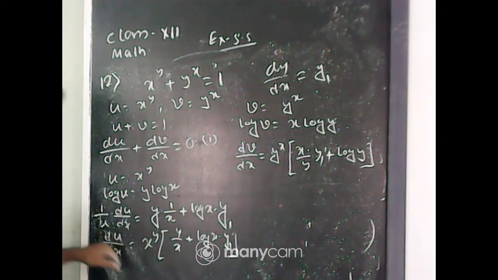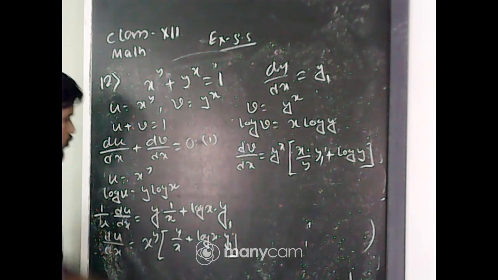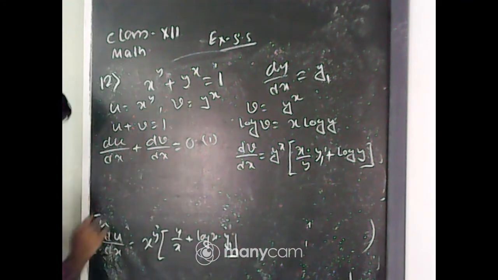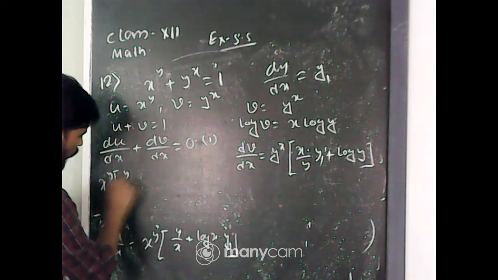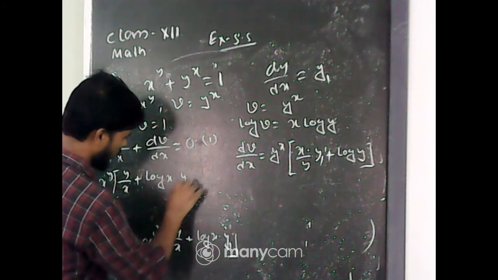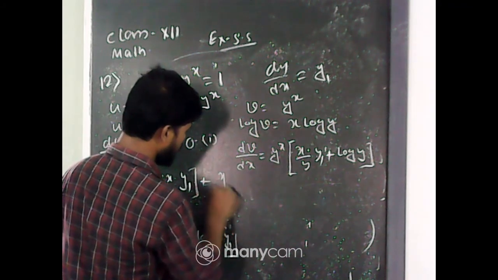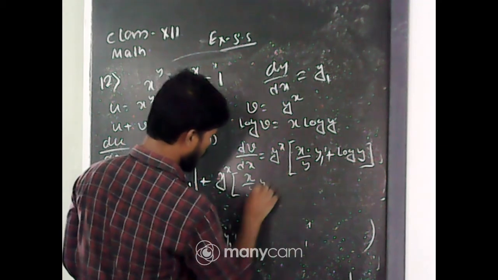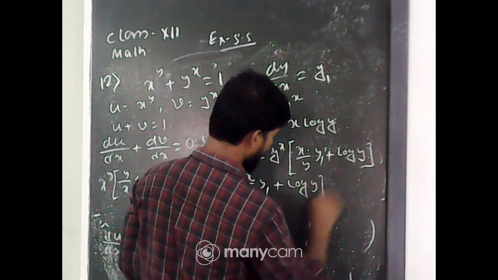Now if we put the value of du/dx and dv/dx in equation number 1, we have x to the power y into (y/x plus log x into y1) plus y to the power x into (x/y y1 plus log y) is equal to 0.